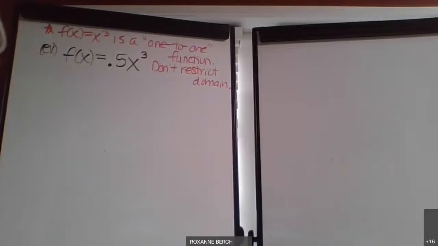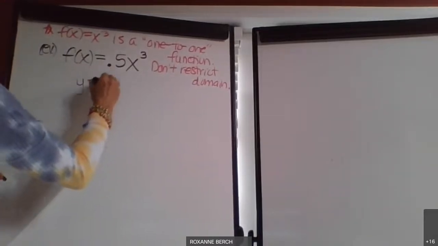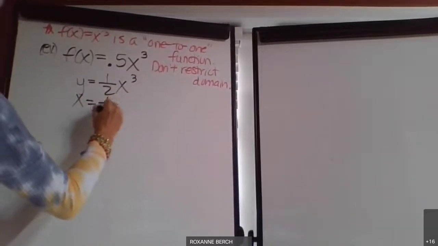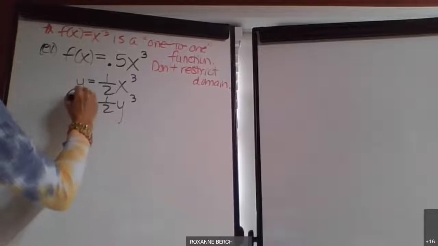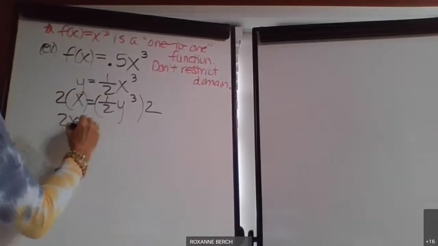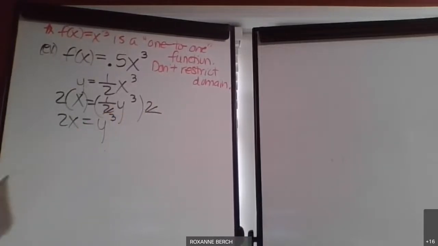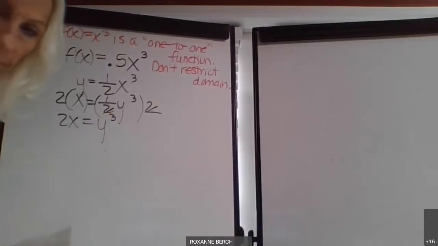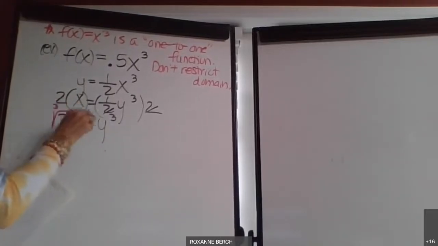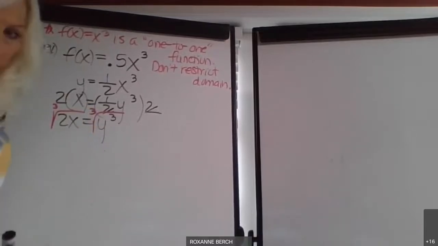So we're just going to find the inverse. So this would be y is equal to 1/2 x cubed, switch x and y. So we're going to multiply both sides by 2. So those 2's cancel, we get y cubed. So we're going to take the cube root, not the square root. We're not going to put plus or minus, because you don't do that with the cube root.